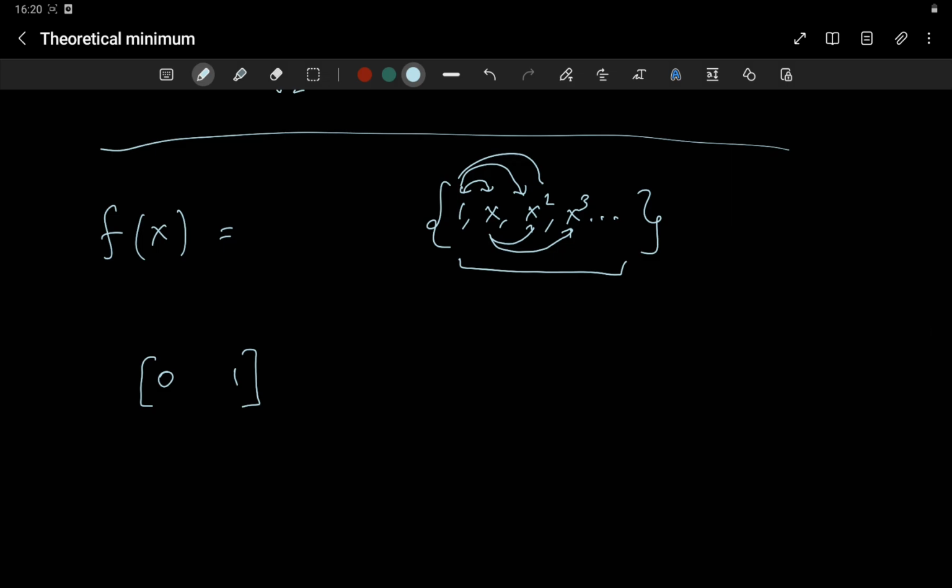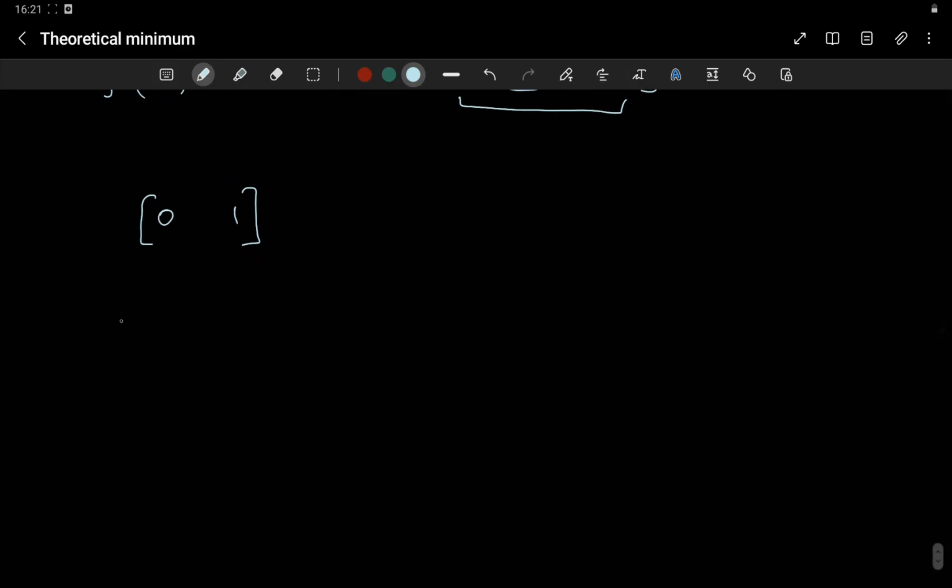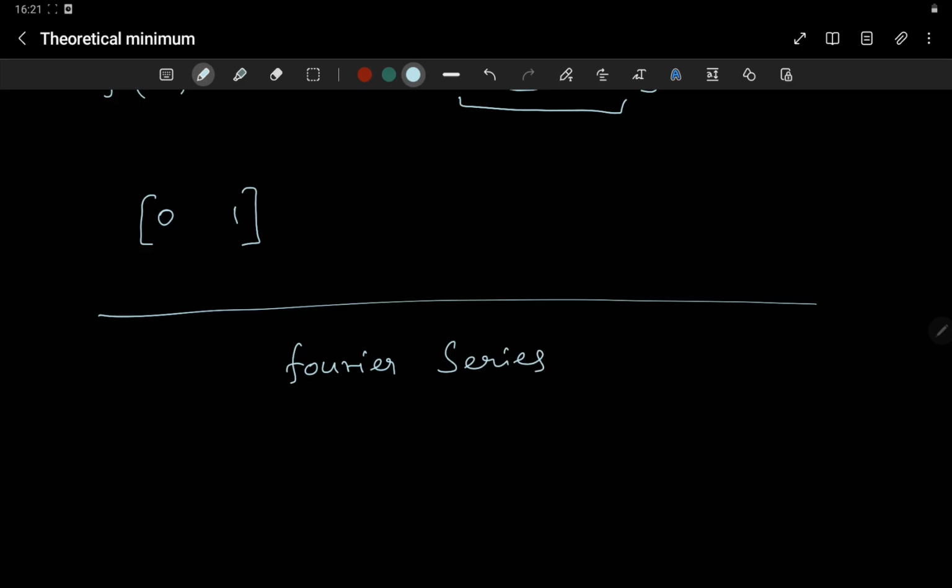Okay, now we will discuss another example where this is used, which is the Fourier series. Do you know what a Fourier series is? f of x is equal to a naught plus b n.